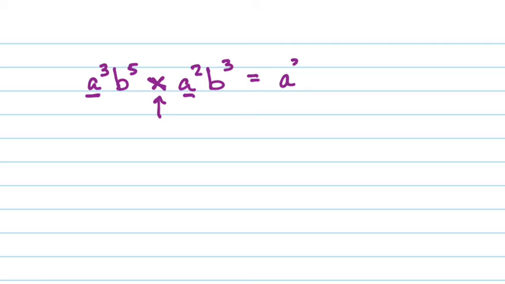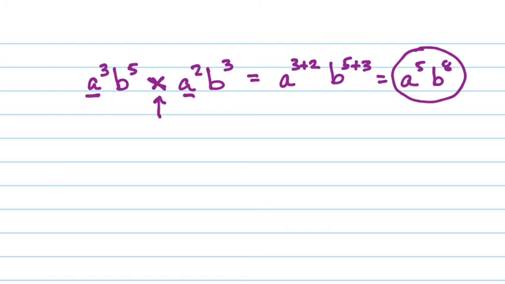That becomes a to the 3 plus 2, b to the 5 plus 3, which is a to the 5th, b to the 8th. I couldn't add the 5 and the 8 together because the bases are not the same. I don't know what numbers the letters stand for, so I can't simplify it any further. So there's your answer for that particular one.